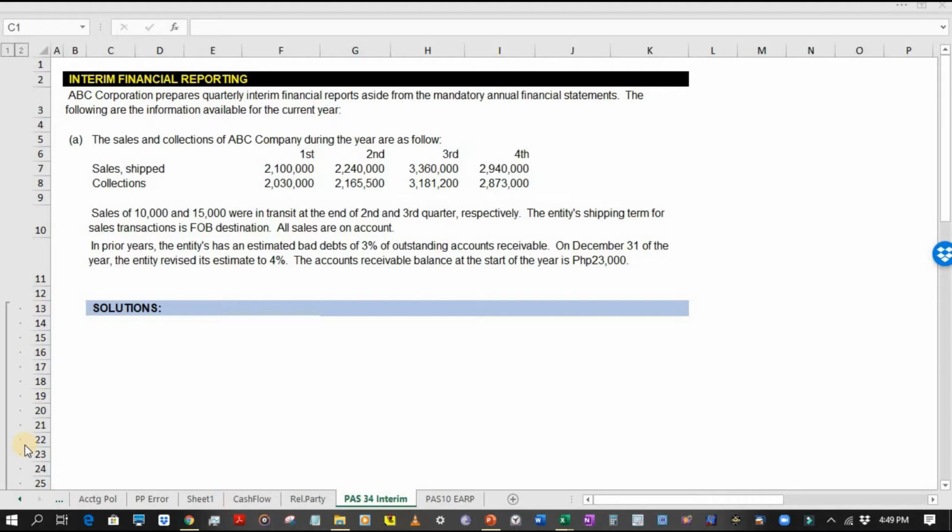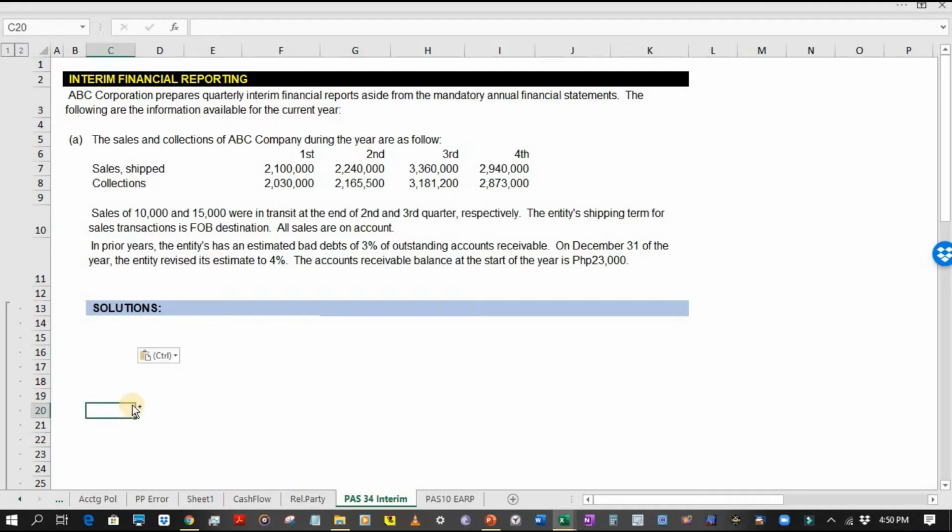Since our information above are the sales that were already shipped, we are going to determine how much of these sales were already received by the buyer during each quarter. So let us start with the first quarter.